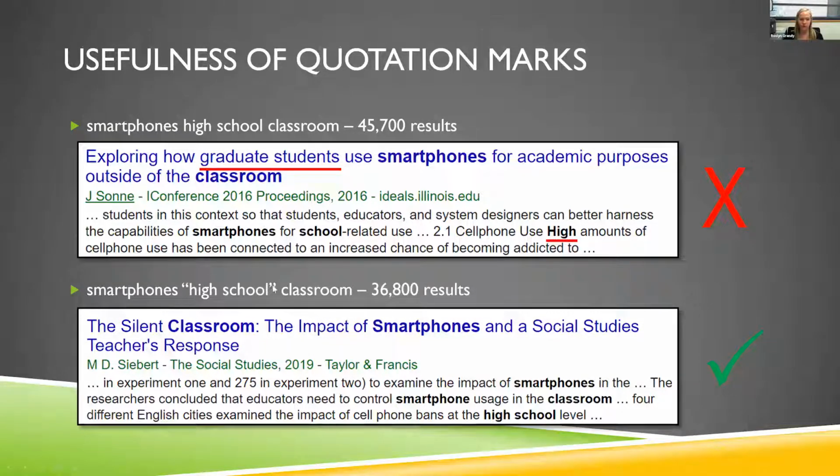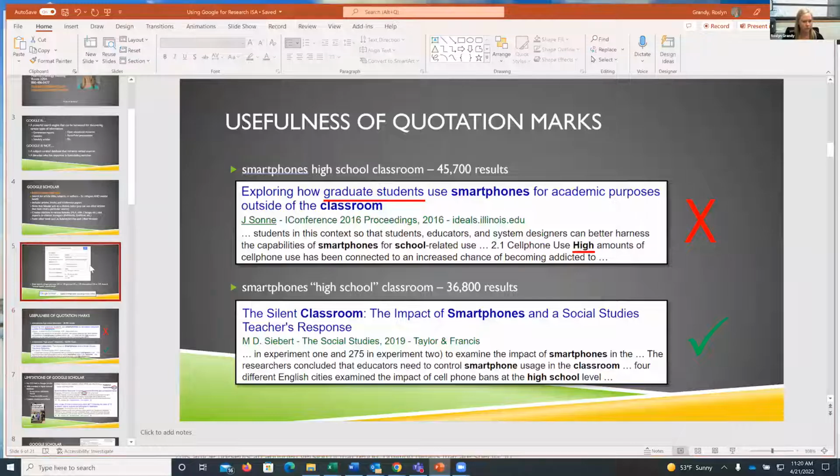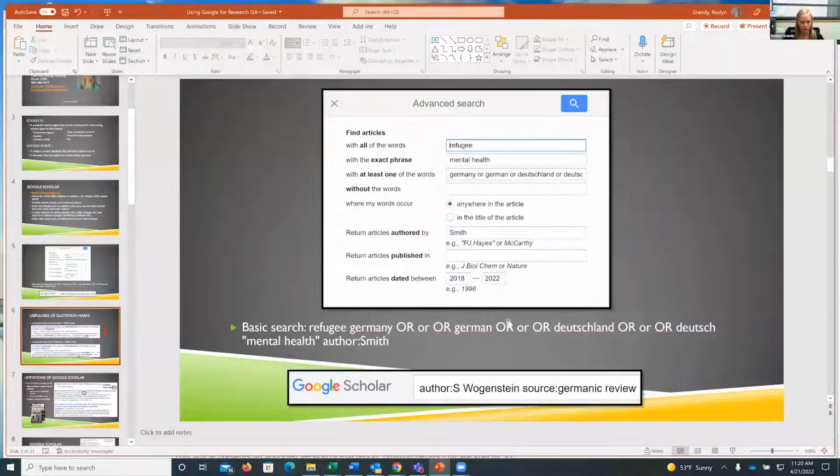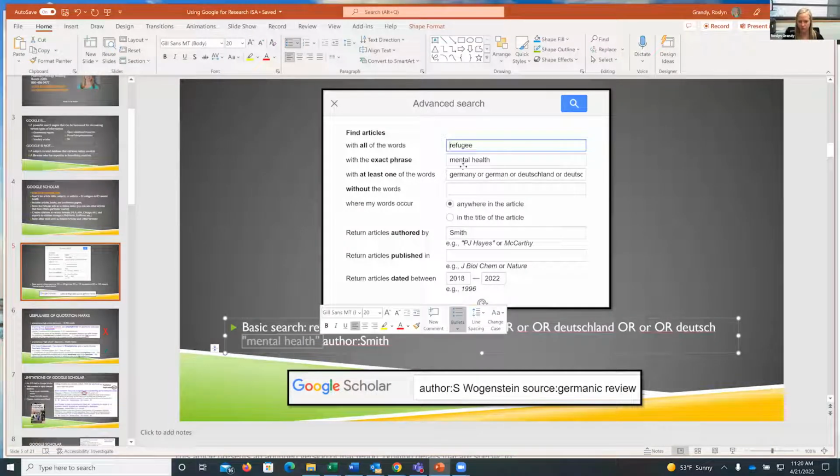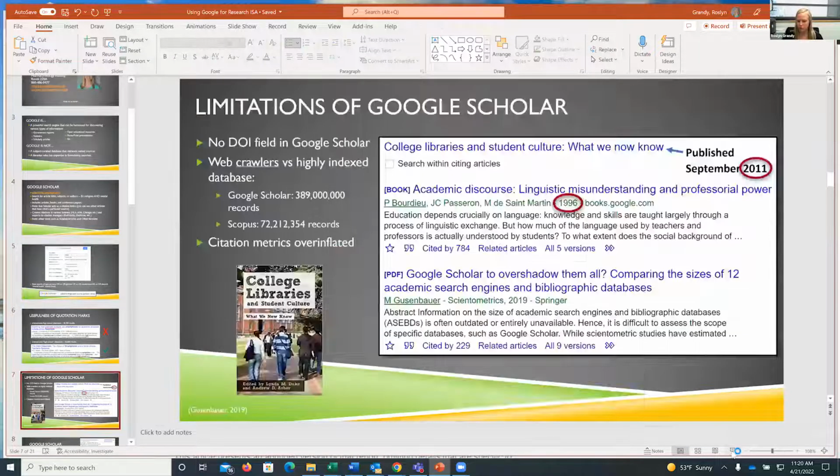Once I used quotation marks, that result didn't show up, so it was a more relevant search. And again, let me go back here. If you're using basic search, you need to use the quotation marks. If you are just putting it in the advanced search, you don't have to remember the search commands. So that is just one thing to note.